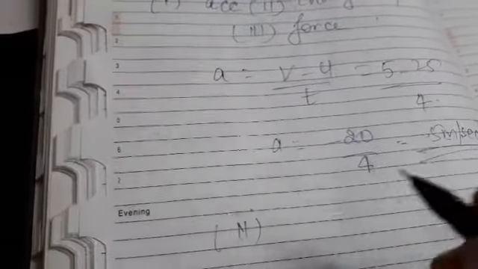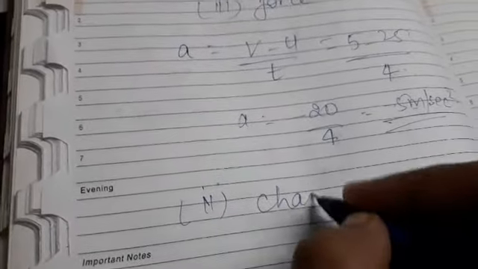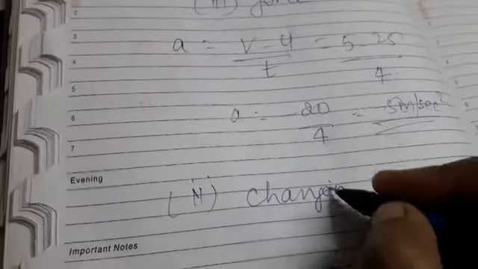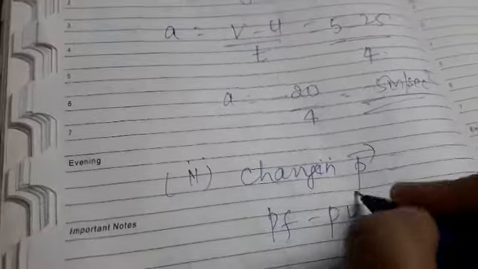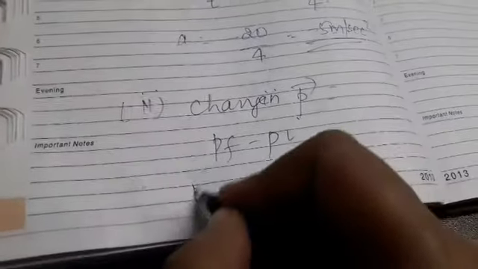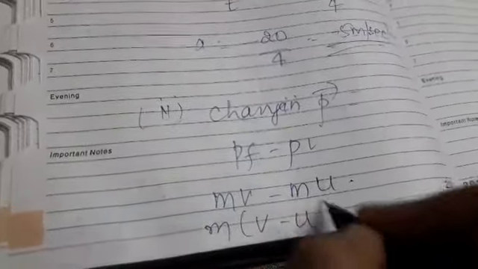Second answer is change in the momentum. The change in momentum in the previous questions also we have completed. Change in momentum is given by Pf minus Pi. Pf means mv minus mu, m common, v minus u.